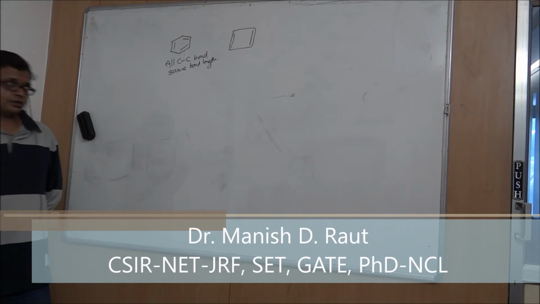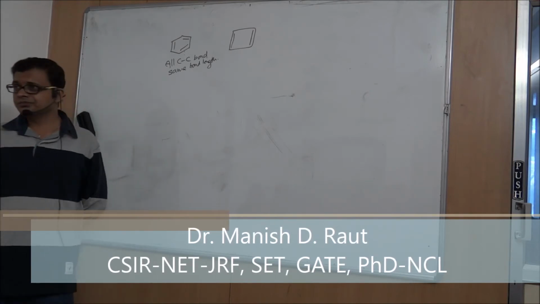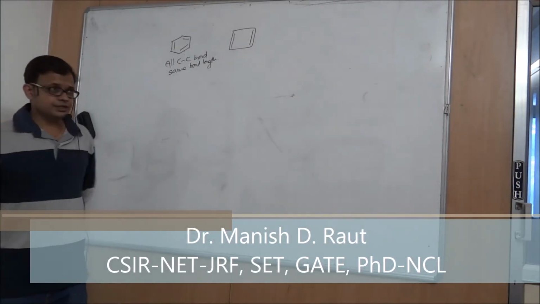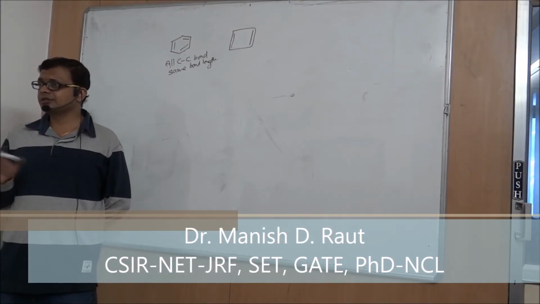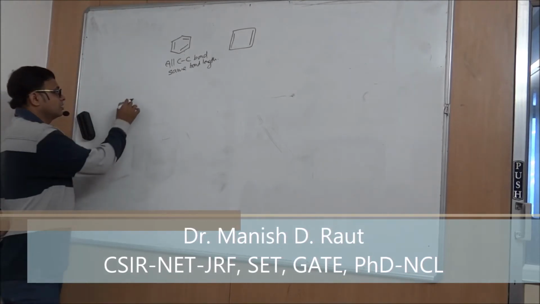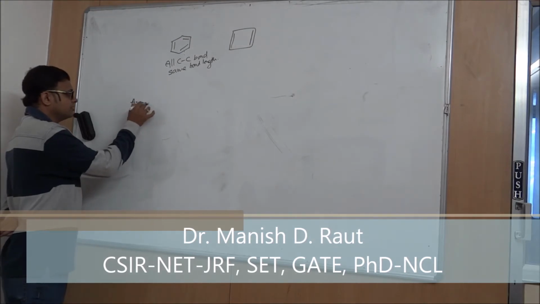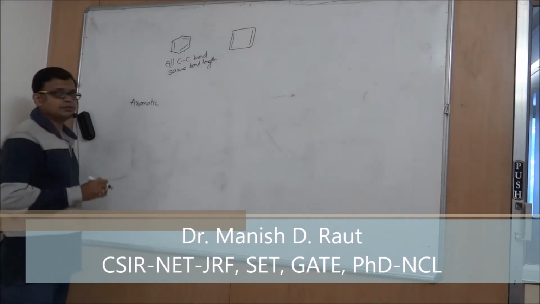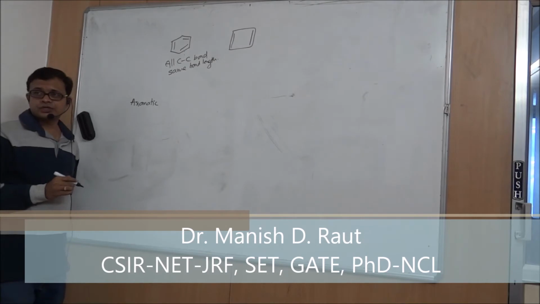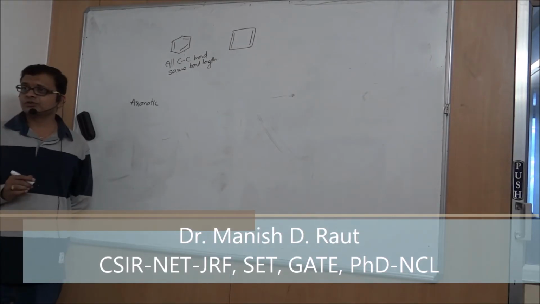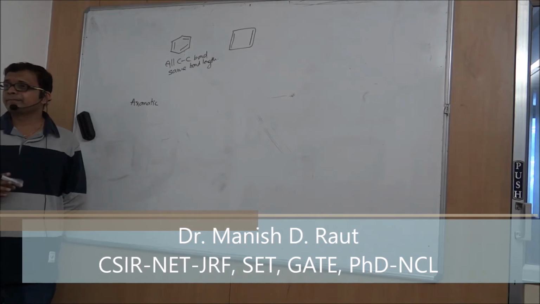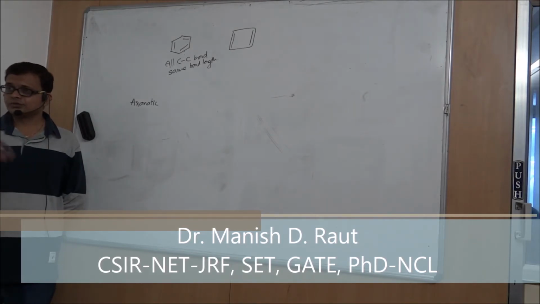So now check. If a compound is aromatic, it is most stable. Anti-aromatic, what is the stability? Aromatic, then non-aromatic, then homoaromatic. What is homoaromatic? It has an sp3 carbon atom. We'll come to that one later.